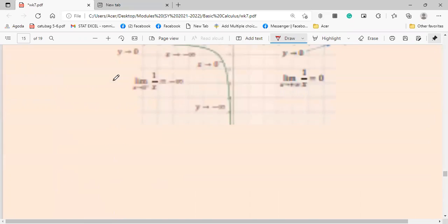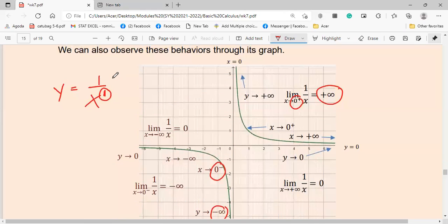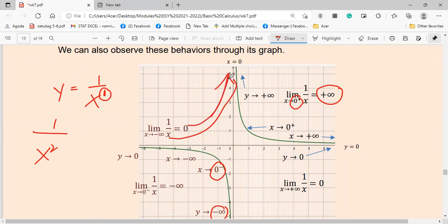Kaya nga ang naging basehan ay ang graph ng ganito eh. Dahil kapag ang graph ng isang 1 over x squared, sabay silang aakyat. 1 goes up, ito din kabila, pataas. Yan ang graph kasi ni 1 over x squared. Kaya ang nangyayari sa kanya, nagiging 1 over 0 pataas siya.